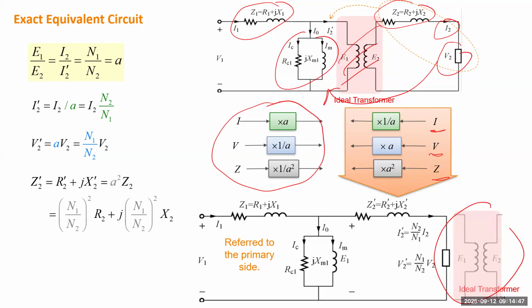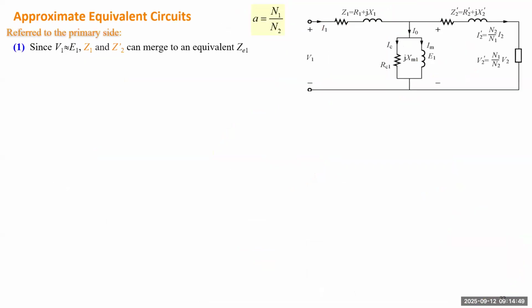In the following slides, there are two ways to further simplify the circuit. For instance, we can move the shunt branch to one side to be directly connected to the source.